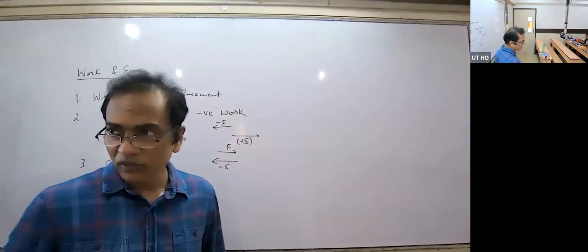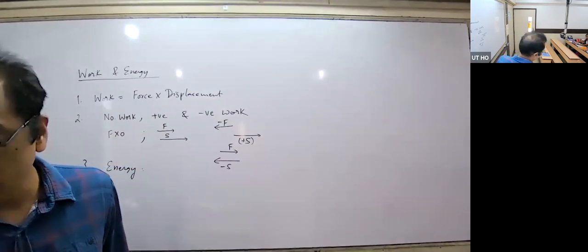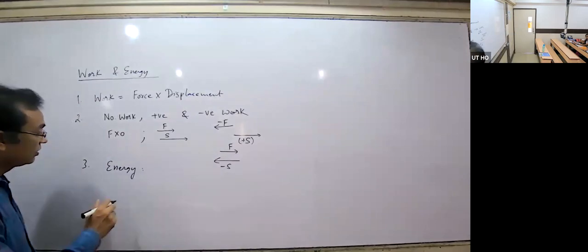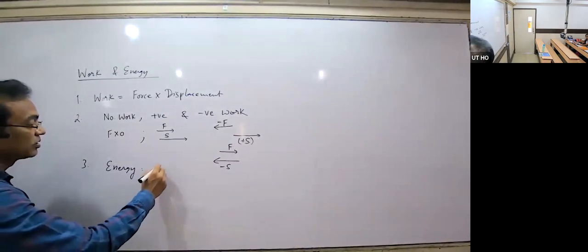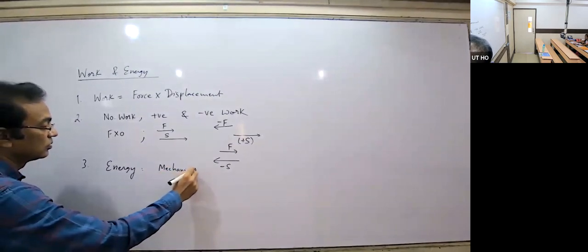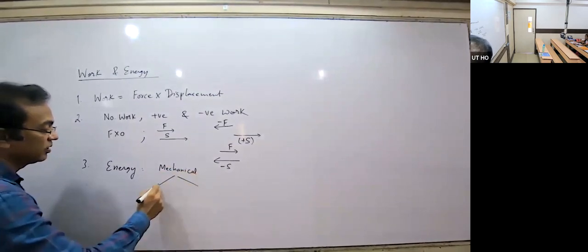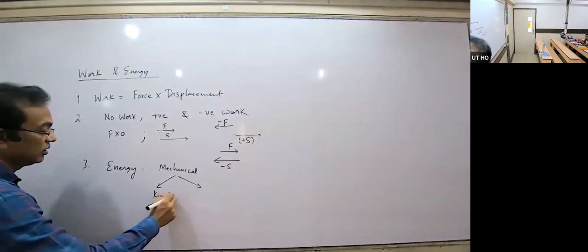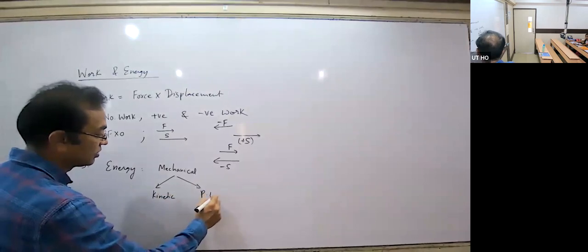There are basically 6 or 7, right? Including nuclear energy, it is 7. In this chapter, we are going to discuss mechanical energy. So what are the 2 types of mechanical energy? So we have kinetic and potential energy, right?